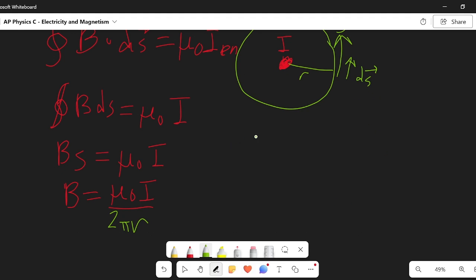If you look at that, we have just derived the same formula as we did with the Biot-Savart law for the magnetic field caused by a wire a distance r away. So it's the same formula.